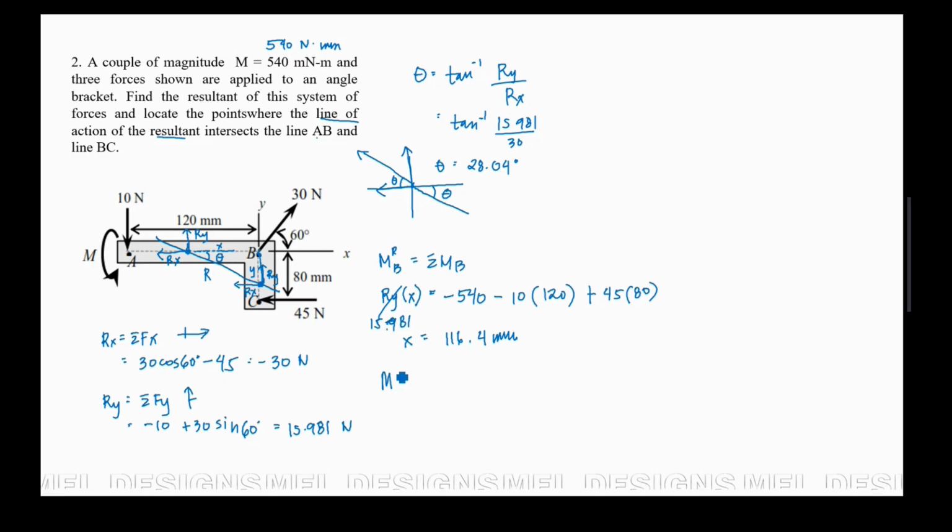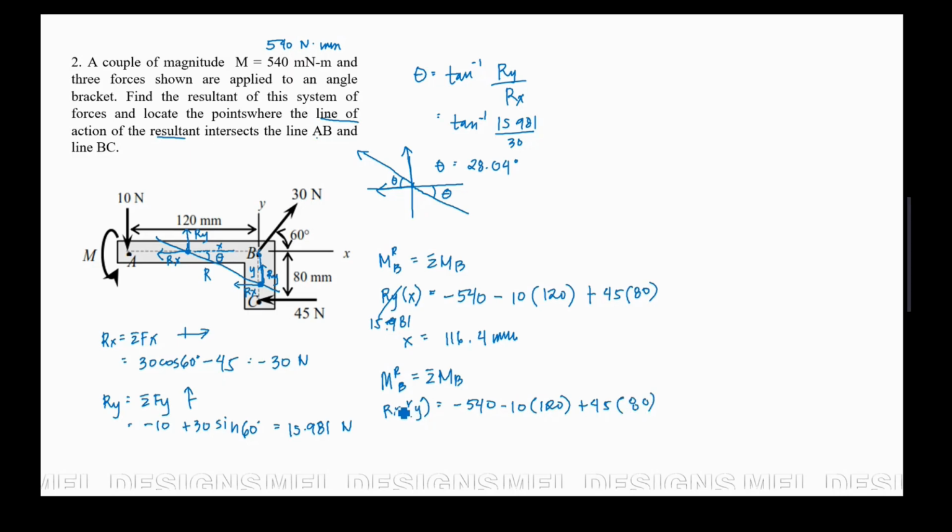So, moment of the resultant at point B is equal to summation of moment at point B. So, we have here Rx multiplied by y is equal to negative 540 minus 10 multiplied by 120 plus 45 multiplied by 80.